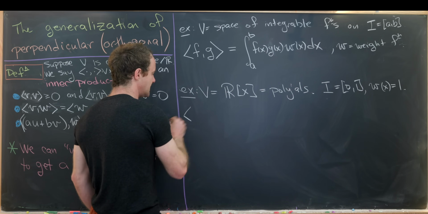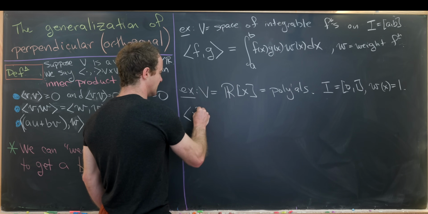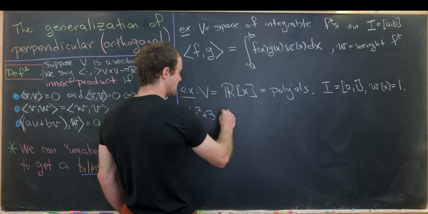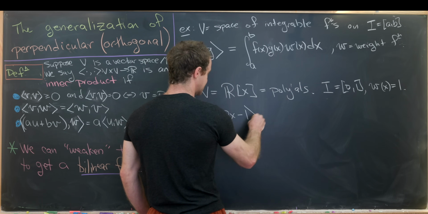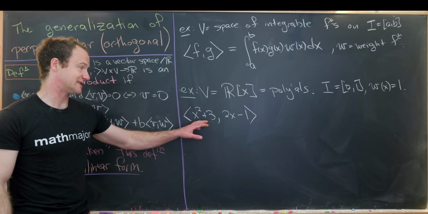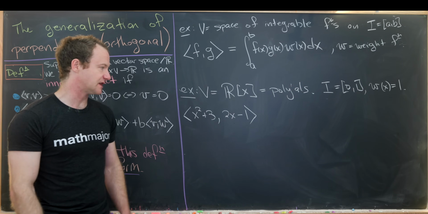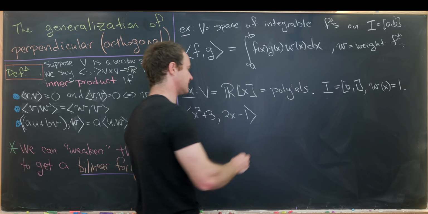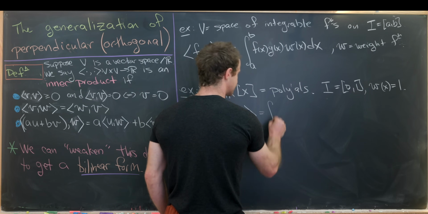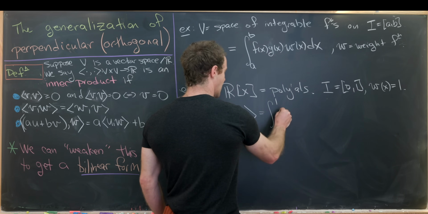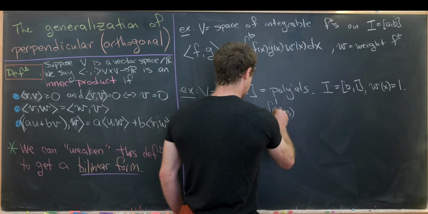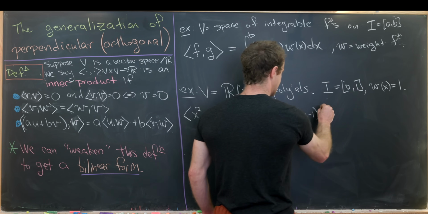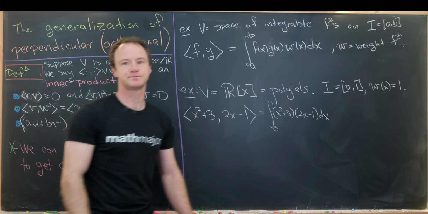Okay, so now from here, let's find the inner product of x squared plus 3 with 2x minus 1. So notice that's most definitely a polynomial. That's most definitely a polynomial. So we can find their inner product. This will be the integral from 0 to 1 of x squared plus 3 times 2x minus 1 dx.